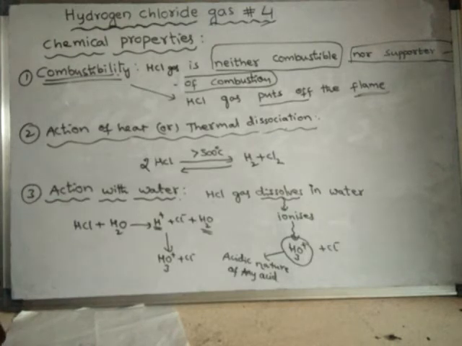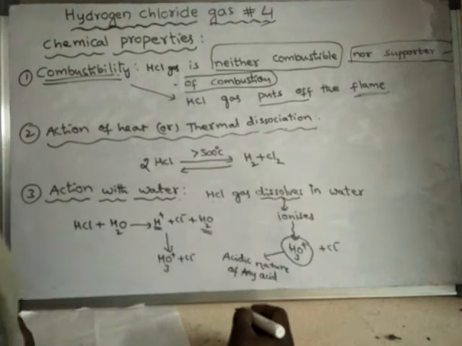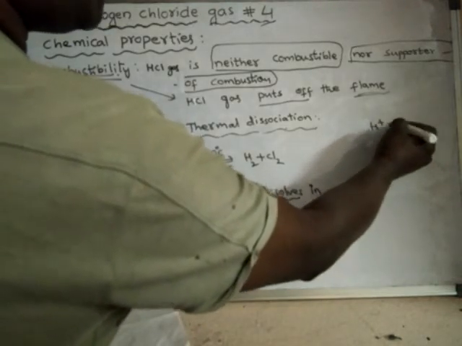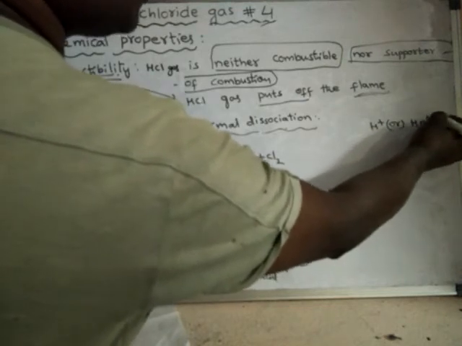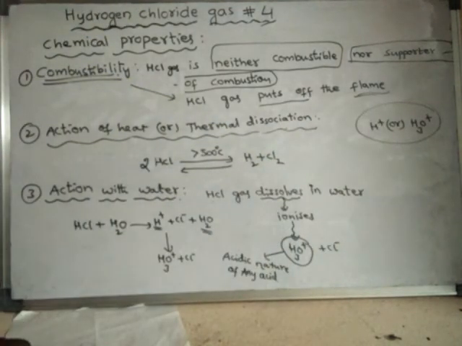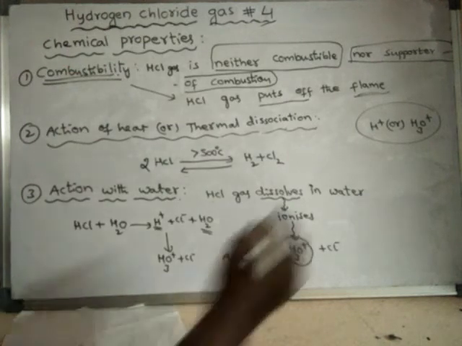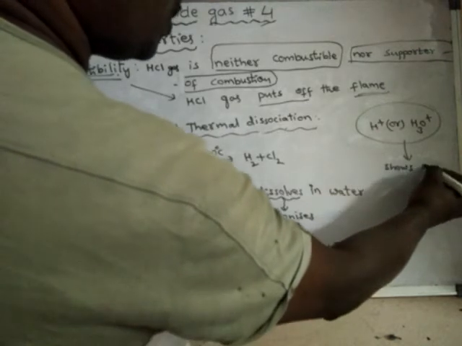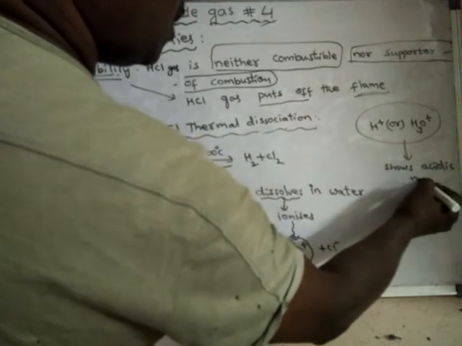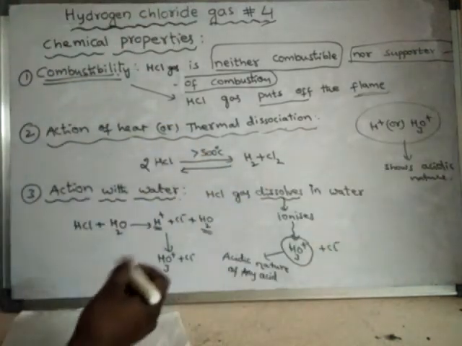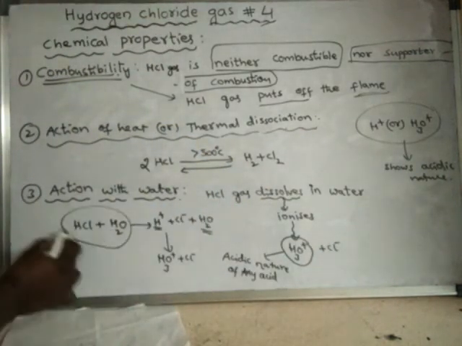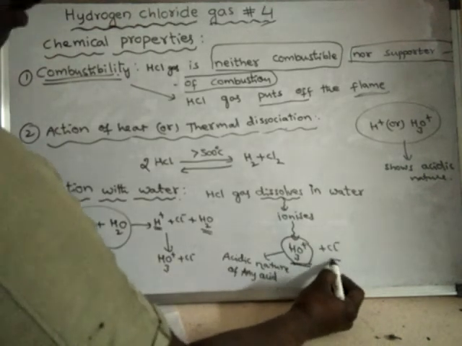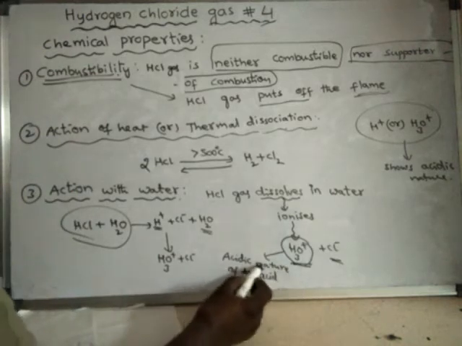See, a substance is said to be acidic if it has H plus ions or H3O plus ions. So any substance having H plus ions or H3O plus ions generally shows acidic nature. Here, when this HCl gas is dissolved in water, that solution produces H3O plus and Cl minus, so that solution is of acidic nature.